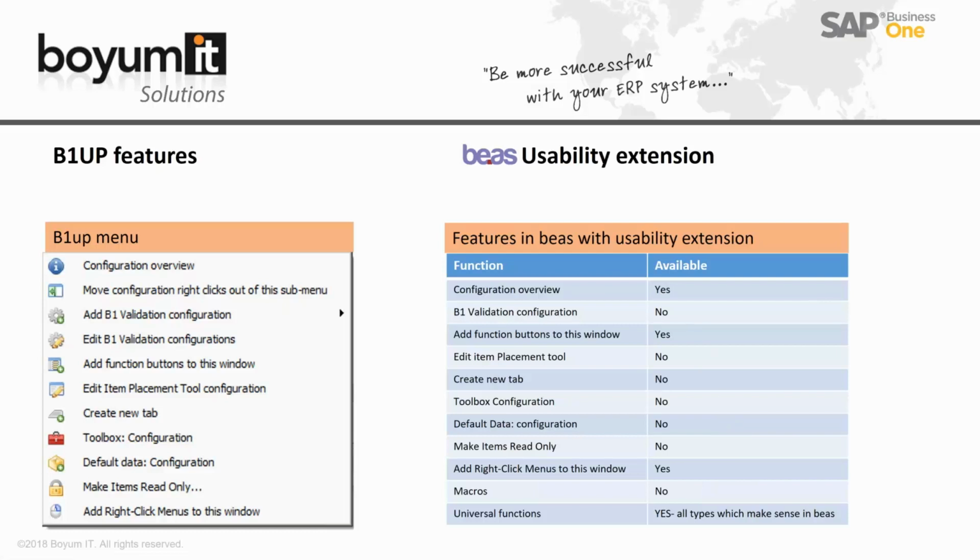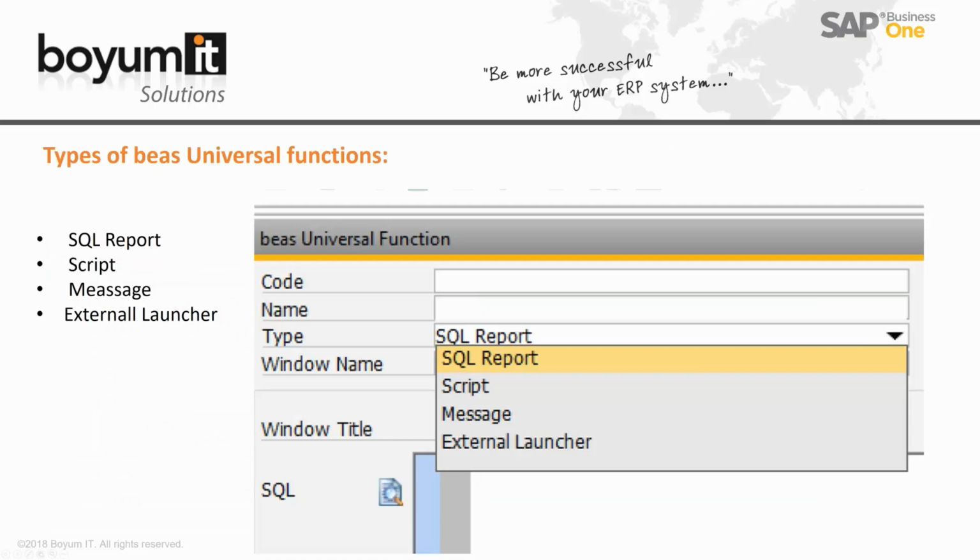It's really exciting, and going down the road, even with the first features, you will see how it will benefit you. So, types of universal function. Right now we have SQL report.